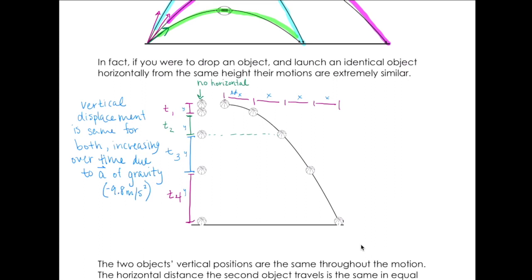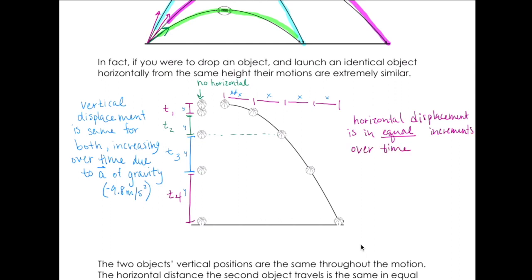So the horizontal displacement is in equal increments over time.